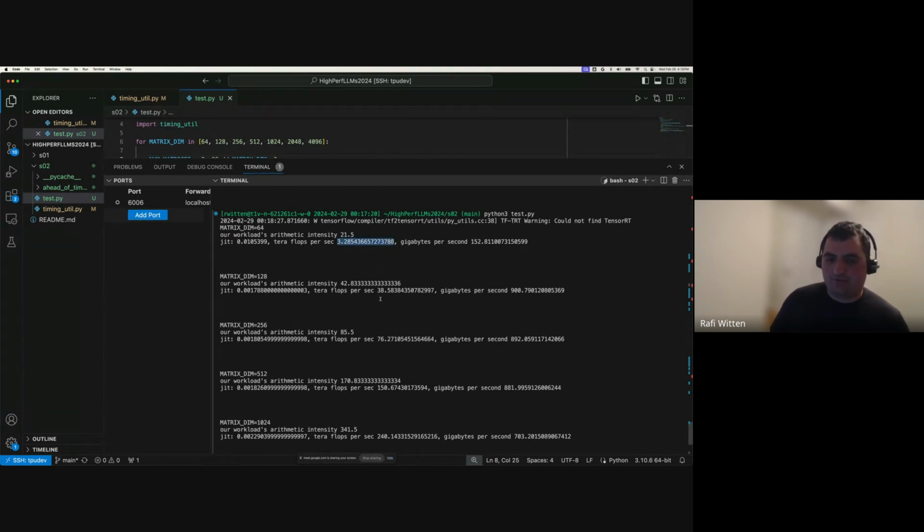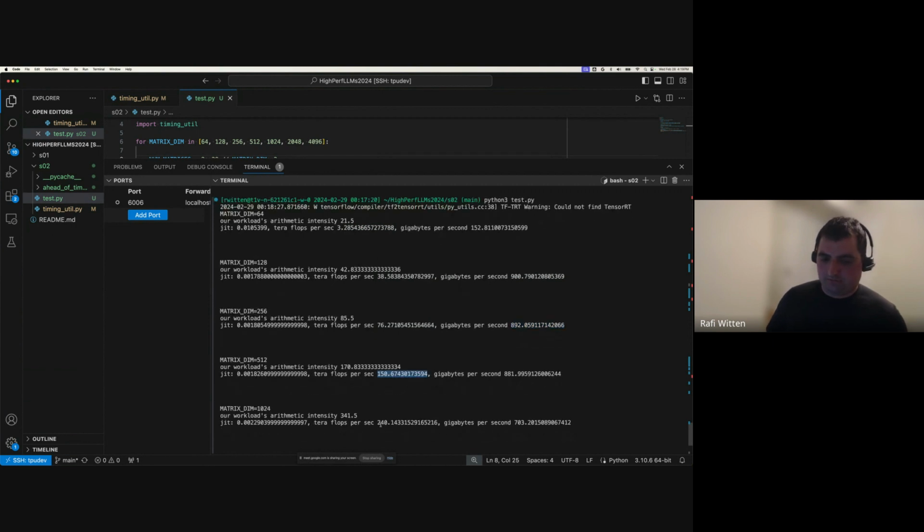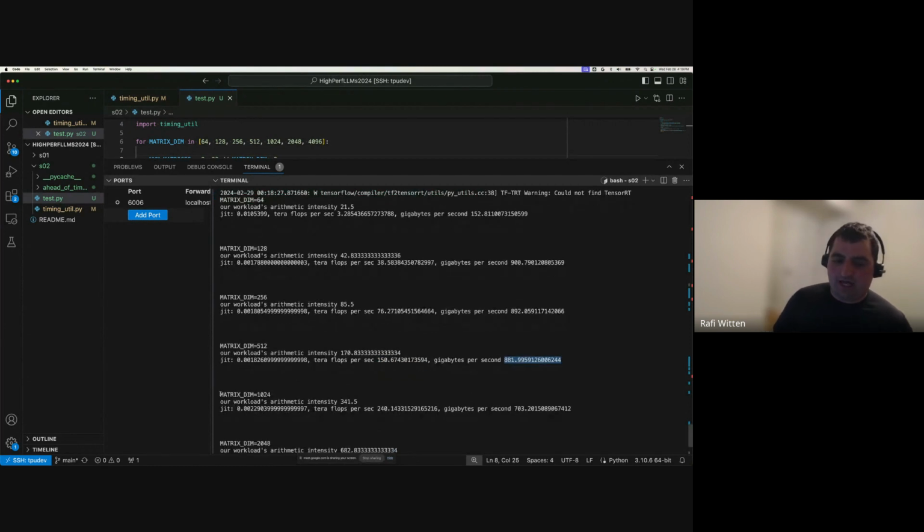Teraflops per second goes from 3 to now 38, and we're really saturating the bandwidth, 900 gigabytes. Then it goes up to 76, still doing pretty well in the bandwidth. 120, 55 teraflops, we're still much more bound on bandwidth. And then right around 1024, where our arithmetic intensity crosses the 223 that the chip is capable of, we kind of switch.